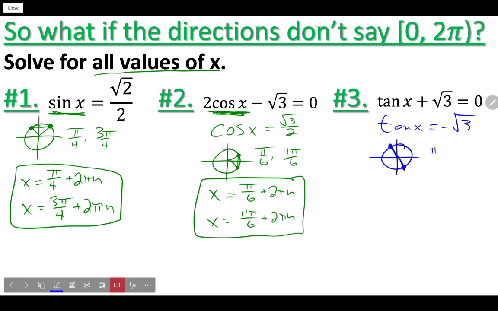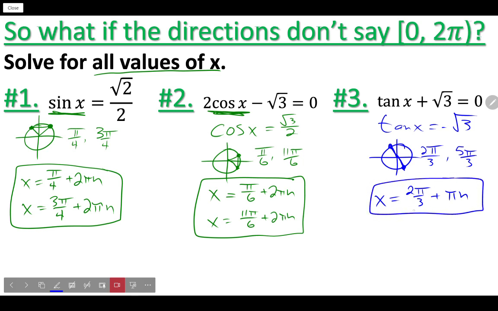So those solutions, 2 pi over 3, 5 pi over 3. Now, to state that as all possible solutions, I'm going to state 2 pi over 3 plus pi n. And stating that, if you think about adding pi to 2 pi over 3, I would get to my next solution. And I can continue adding pi as many times as I want to state every single one.